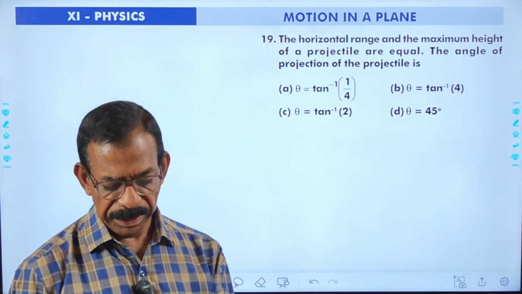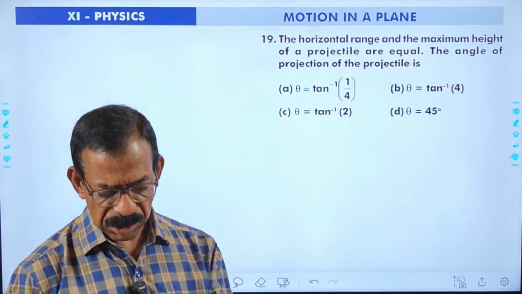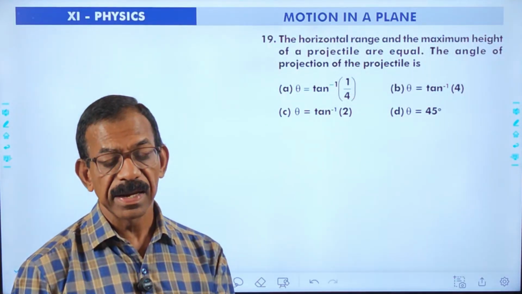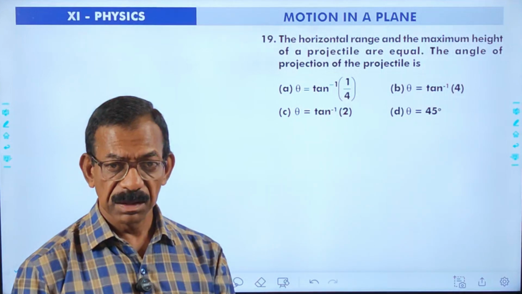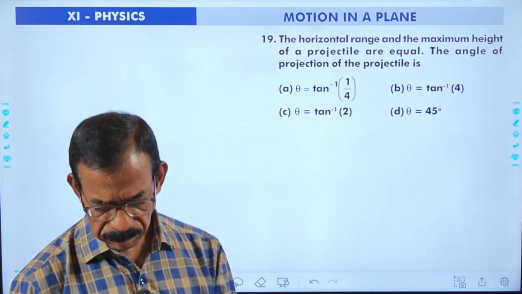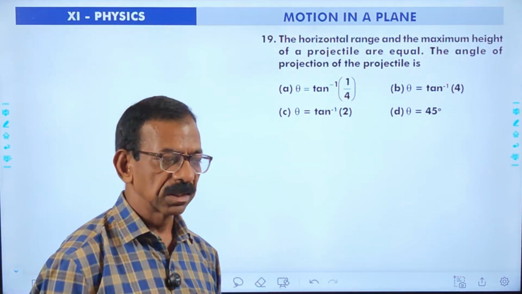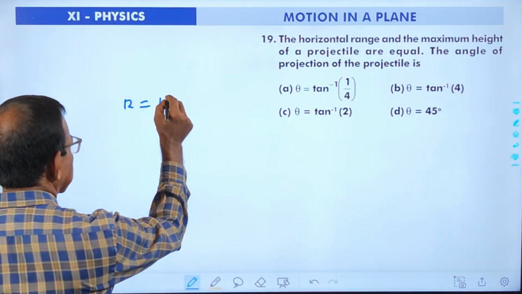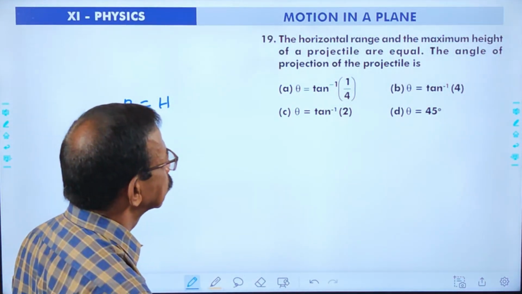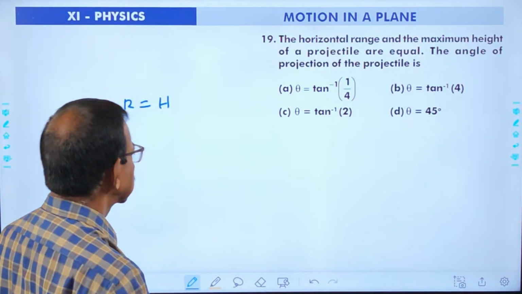Now, question number 19. The horizontal range and maximum height of a projectile are equal. Then, the angle of projection is? Range and maximum height, okay.